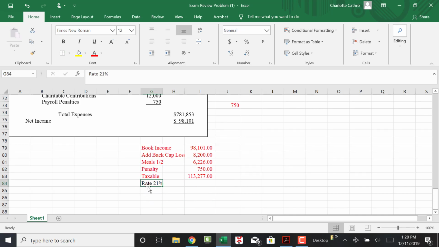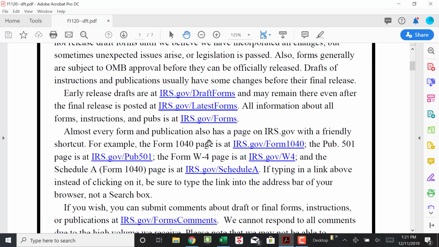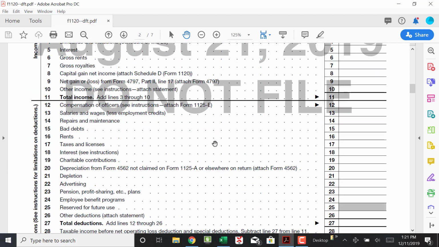Well, let's do the dividend received deduction first. Because we are going to take that out after the taxable income, before we calculate the tax. So our dividend received deduction, the less than 20% owned, let's look at the tax return here on the second page.